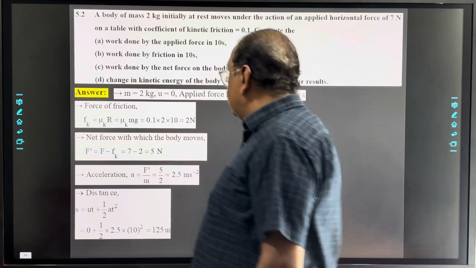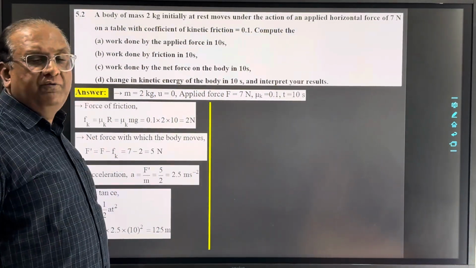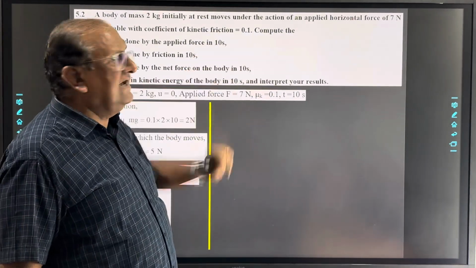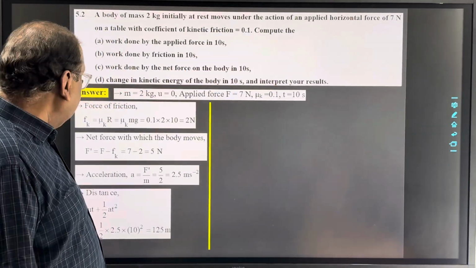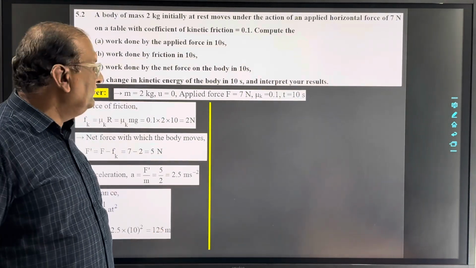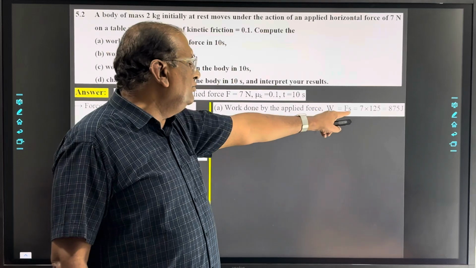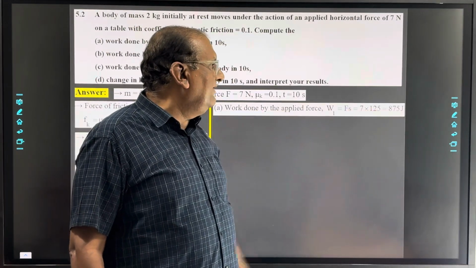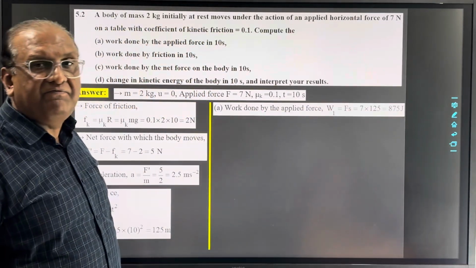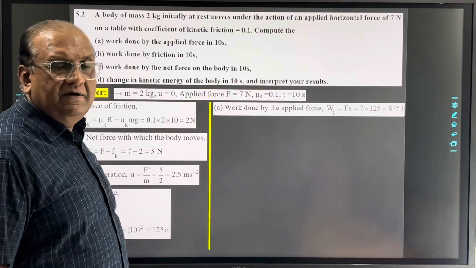Now see here, first we want to calculate work done by the applied force. Applied force is 7 Newton. Clear? And displacement in 10 seconds is 125. So work done by the applied force W1, that is F into S, 7 into 125, that is 875 joule. Second, work done by friction.